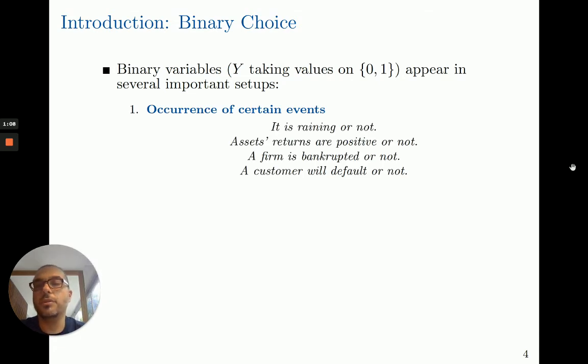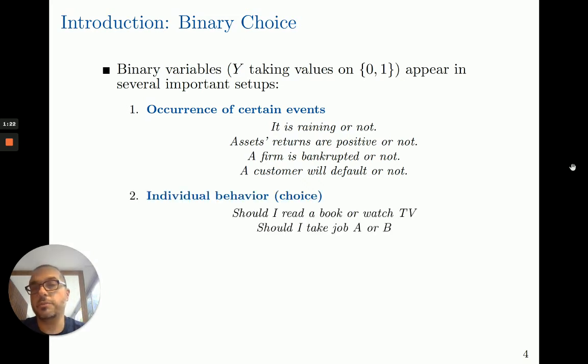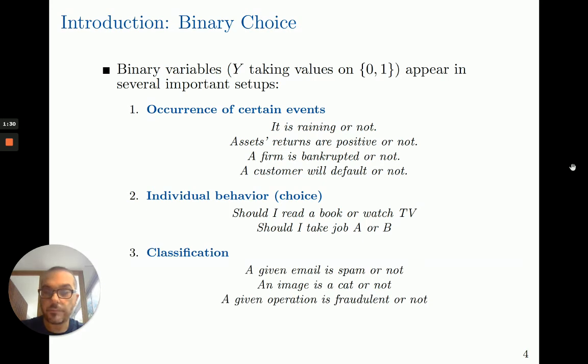For example, if you want to know the occurrence of certain events: it is raining or not, asset returns are positive or not, a firm is bankrupt or not, a customer will default or not, or individual behavior like choice. Should I read a book or watch TV? Should I take job A or job B? And classification: a given email is spam or not, an image is a cat or not, a given operation is fraudulent or not.